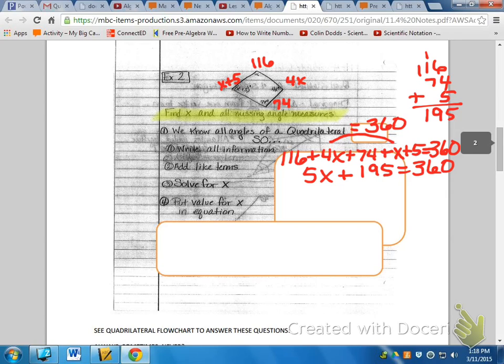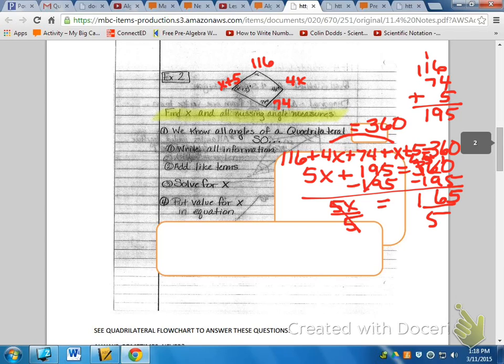Subtract 195 on both sides. 5x equals 165. Last step, divide by 5. X equals 165 divided by 5.